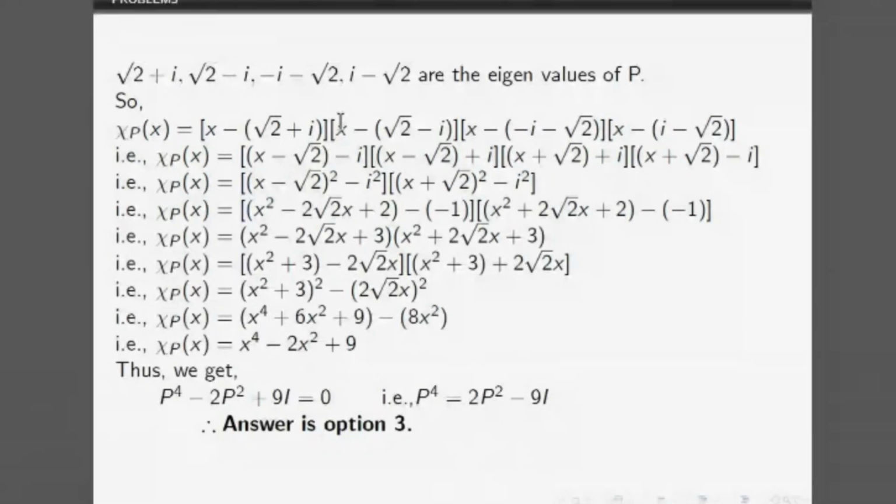That is, if a plus b root 2 is a root of some polynomial, then a minus b root 2 will also be a root of that polynomial. So we have usually seen that result for a and b to be real numbers, but later on when I was going through some details, I found that it holds for i also. So that is how we have taken it as pairs. Is that okay now?